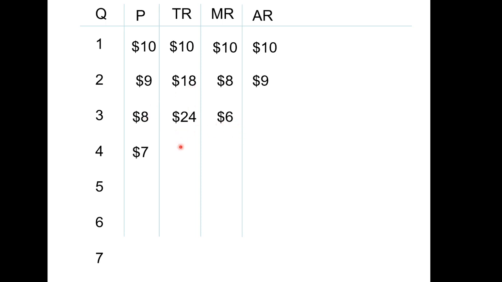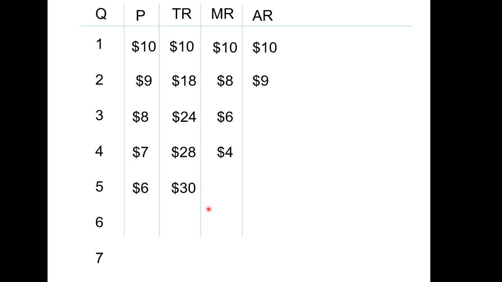Okay? Lower the price again to 7, right? And 7 times 4 is 28. The difference, right? Revenue went from 24 to 28. That's a change of 4. So we can see that it keeps going down by another $2 each time, because we have to keep giving money back to the people before, because they're no longer paying that price.